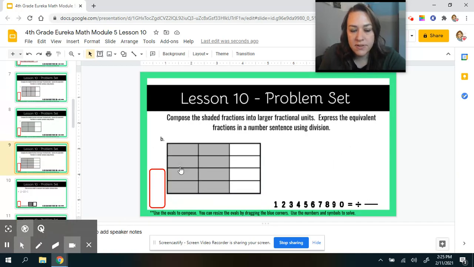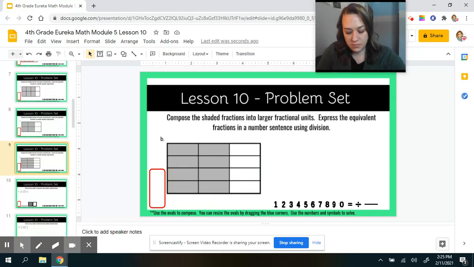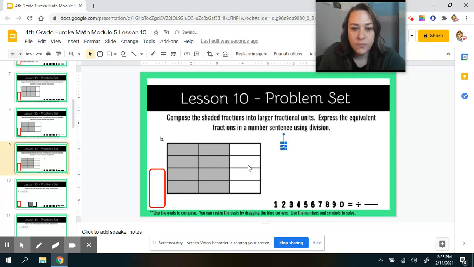Okay, we will do this one. So go ahead and look at this one in your head. What are we starting with? We are starting with 8/12. Okay, then we're going to bundle our columns.